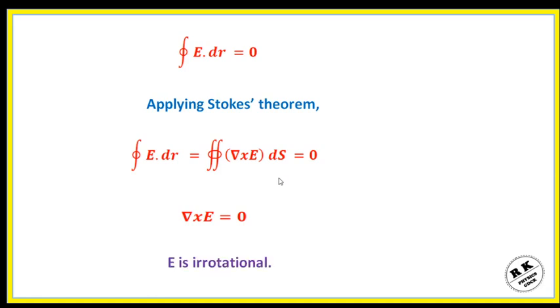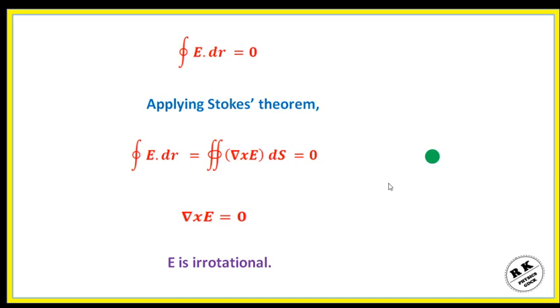The vector must be irrotational. So from the equation del cross E is equal to 0, we can say that the electric field is irrotational. So we have proved the electric field is conservative as well as irrotational in nature.